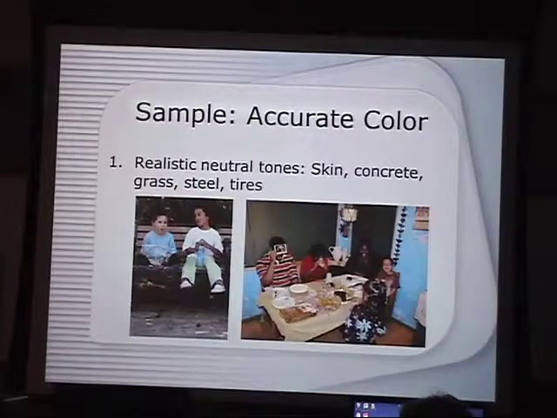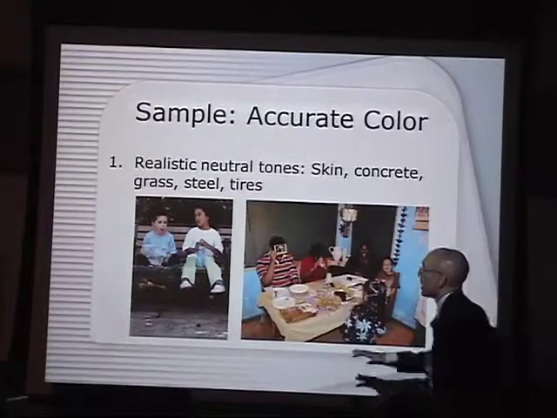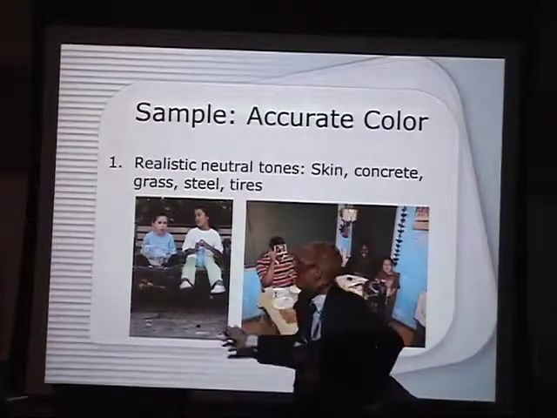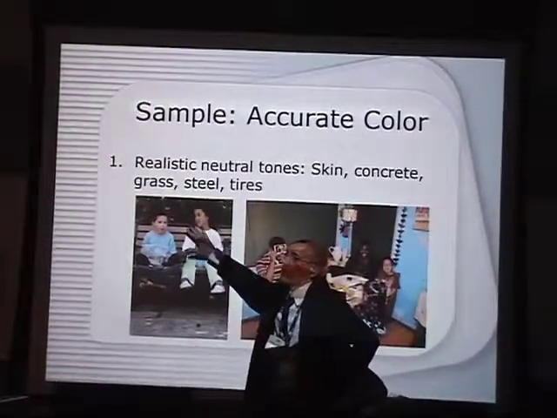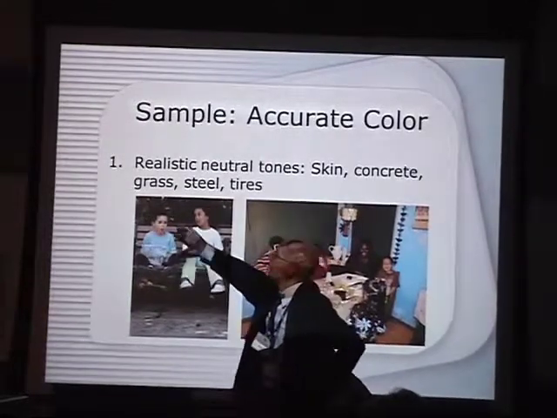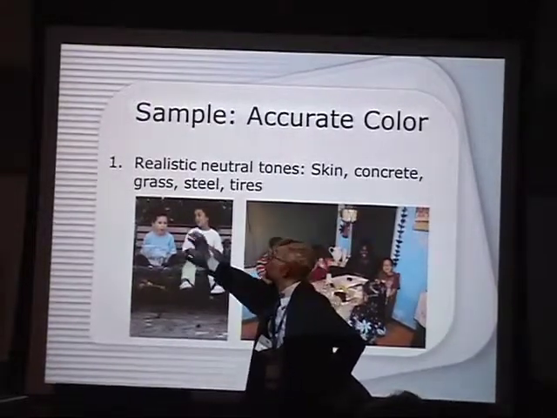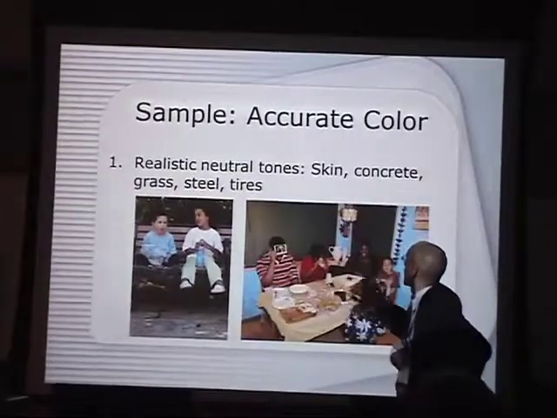Skin tones, concrete, grass, steel, tires. So in order to get accurate skin tones, if the concrete is green, we have to correct for that. Usually everything else will fall in line. If the skin is yellow, we correct for that. We take out the yellow, we add blue. It will fix that. Here we have people of different complexions.